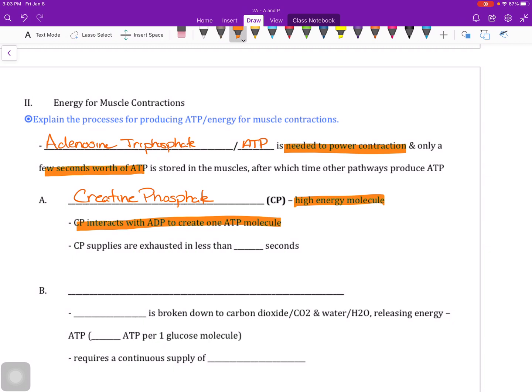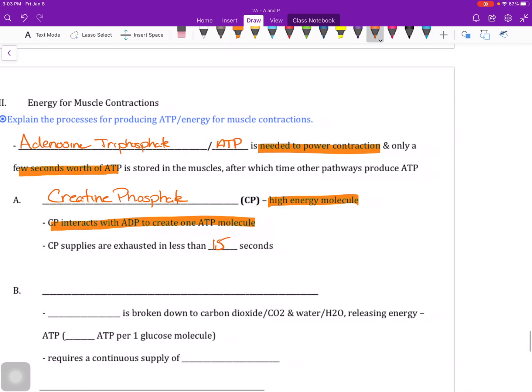Unfortunately, your creatine phosphate supplies are exhausted in less than 15 seconds. So what happens is creatine phosphate plus ADP. Okay, so it donates its phosphate group to ADP, which is going to yield ATP. So you got about 15 seconds of that.